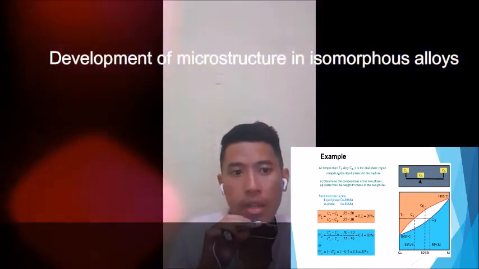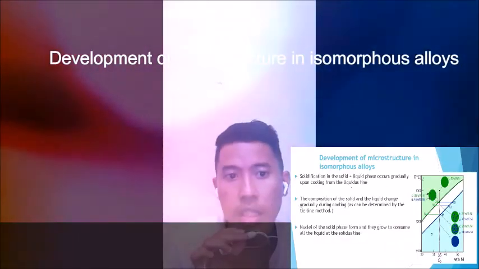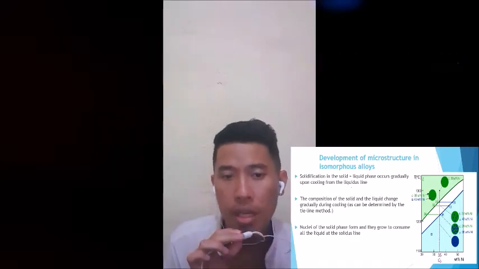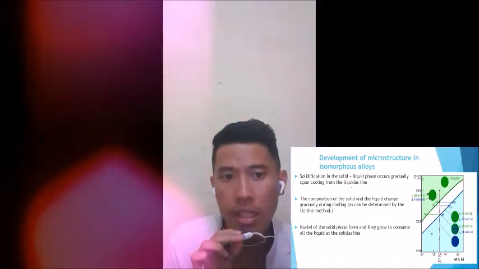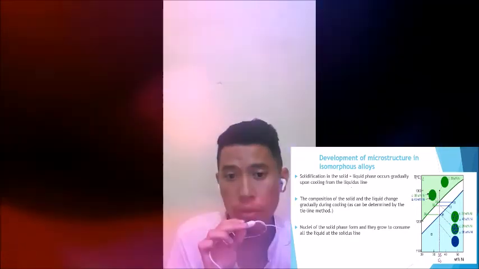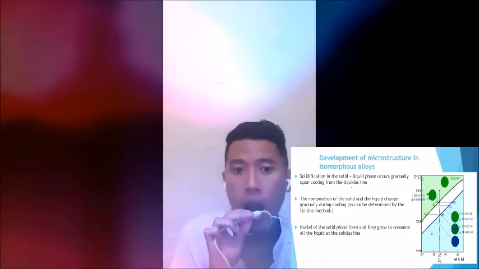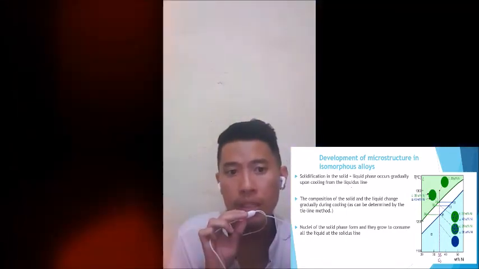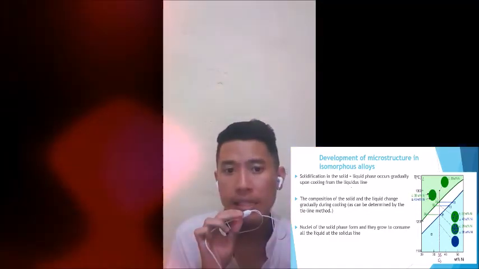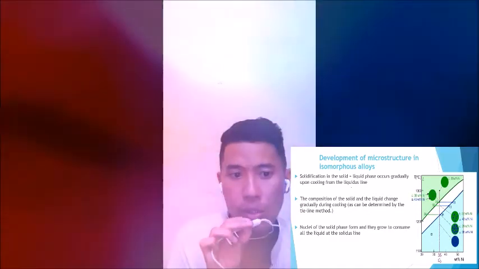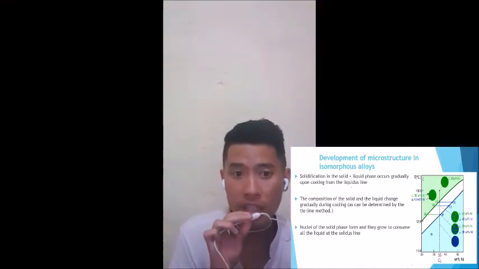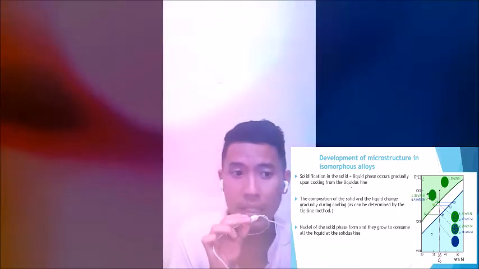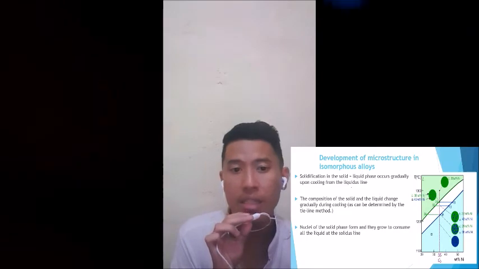Next is development of microstructure in isomorphous alloys. First, solidification in the solid plus liquid phase occurs gradually upon cooling from the liquidus line. Second, the composition of the solid and the liquid change gradually during cooling, as can be determined by the tie line method.